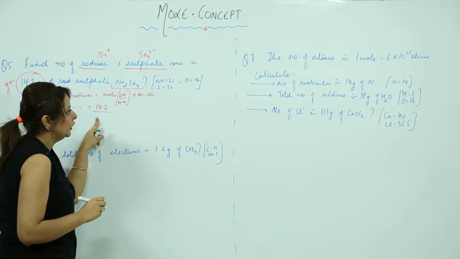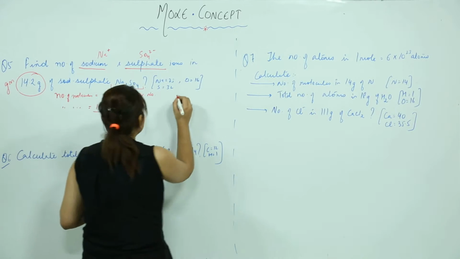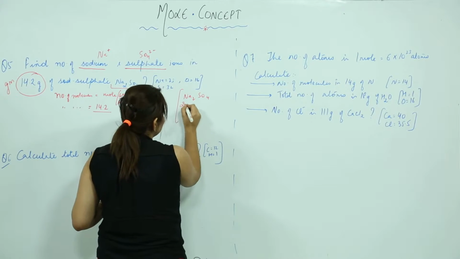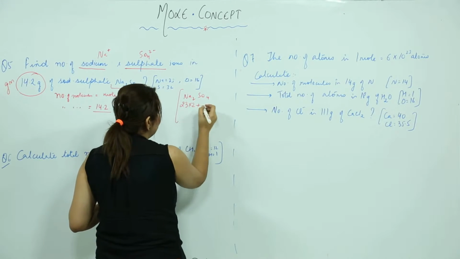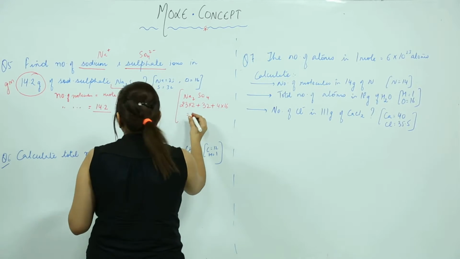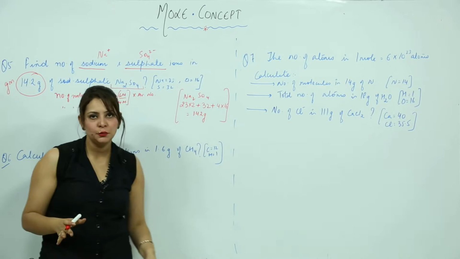Then I have to write the molecular mass, and since I have the atomic masses, I can calculate it. We have Na2SO4, so 23 into 2 plus 1 atom of 32 plus 4 into 16, which comes out to be 142 grams. You know how to calculate the molecular mass, right.